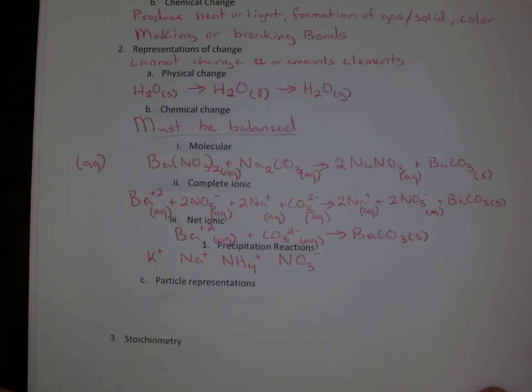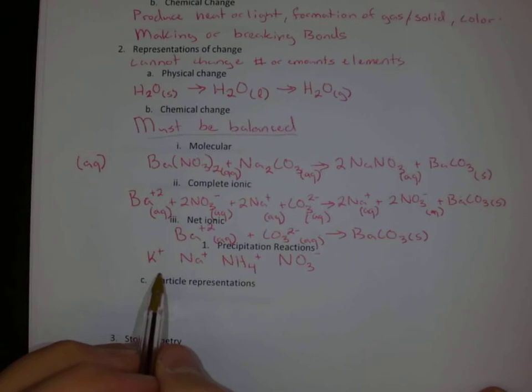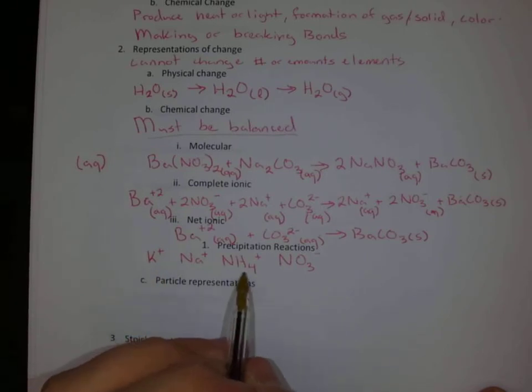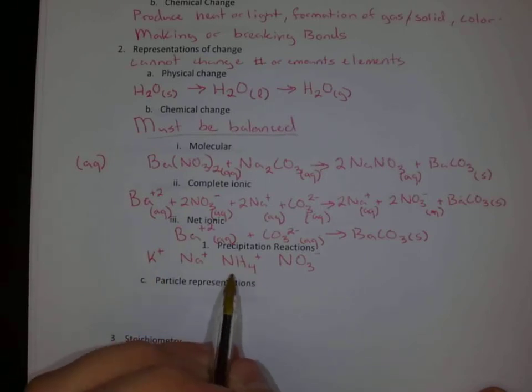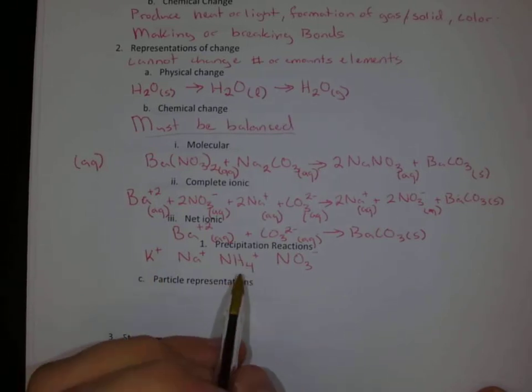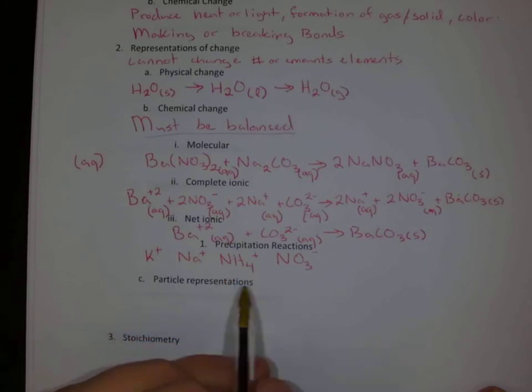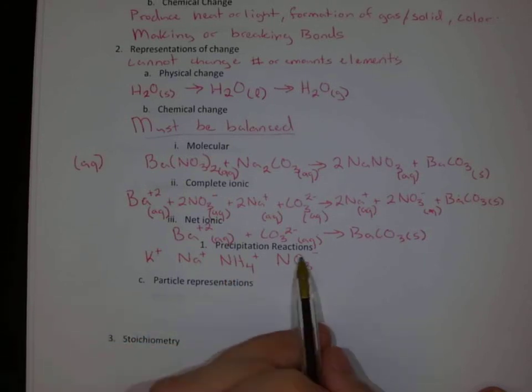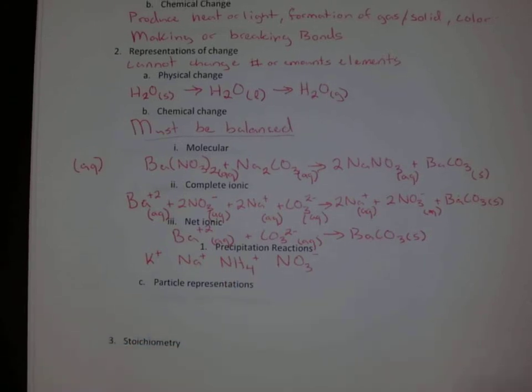The easiest way to remember it: Na+ and K+ are in group 1, NH4+ is our one polyatomic cation, and NO3- is stabilized, so it's going to be stable in the liquid as well.